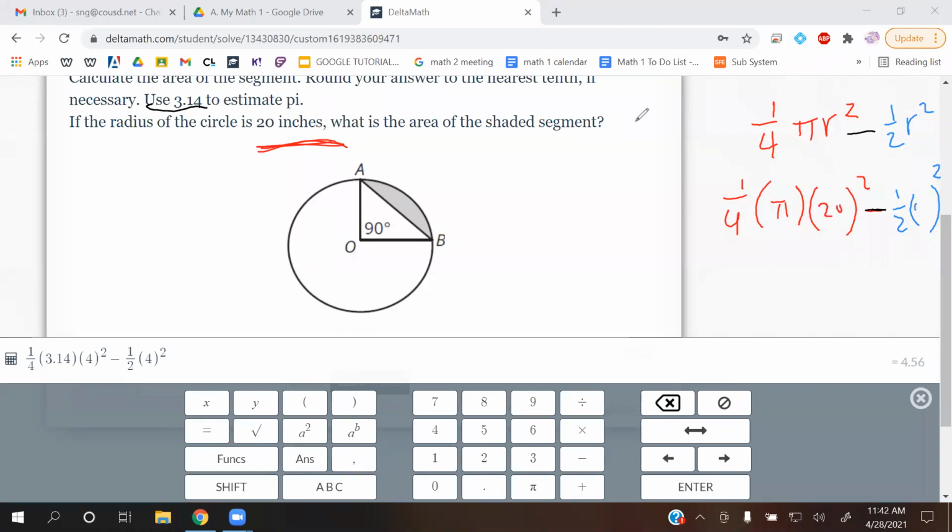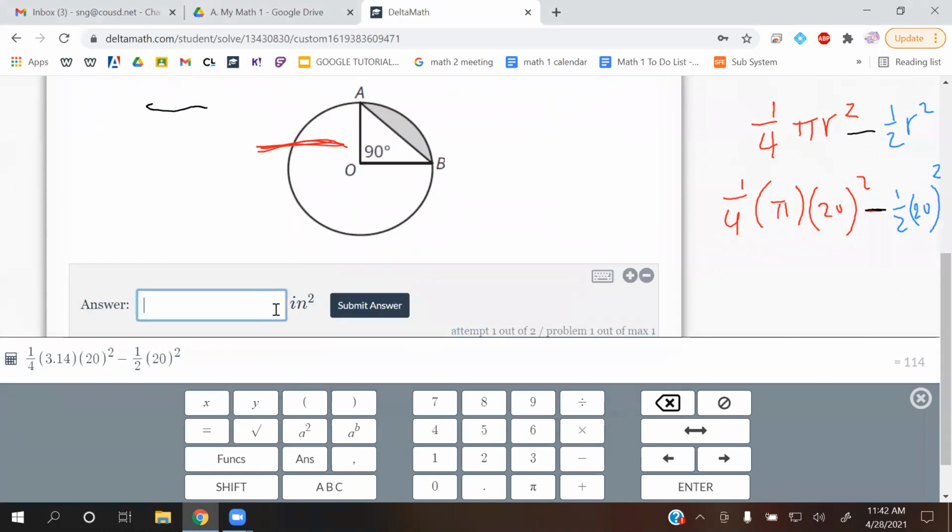So literally the only thing I'm changing in here is the radius because that's the only thing in this example that's changing. Over here, 20. Over here, 20. And then it tells us 114. There's nothing to round. There's no decimal places. So we're just going to leave it as 114.